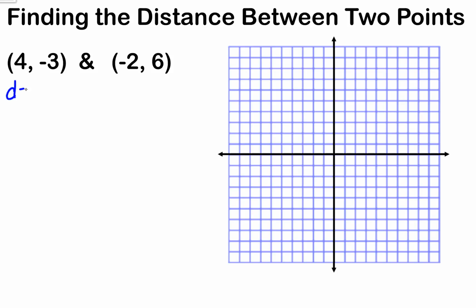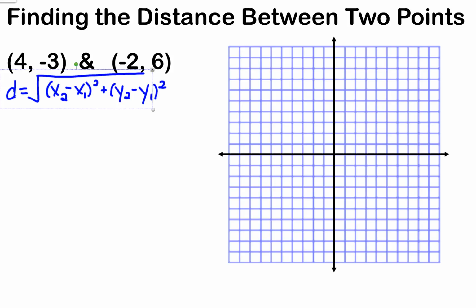So distance equals the square root of x2 minus x1 squared plus y2 minus y1 squared, square root of the whole thing. When I'm working with distance or any coordinates like this, I like to label my points to make it easier to substitute in.